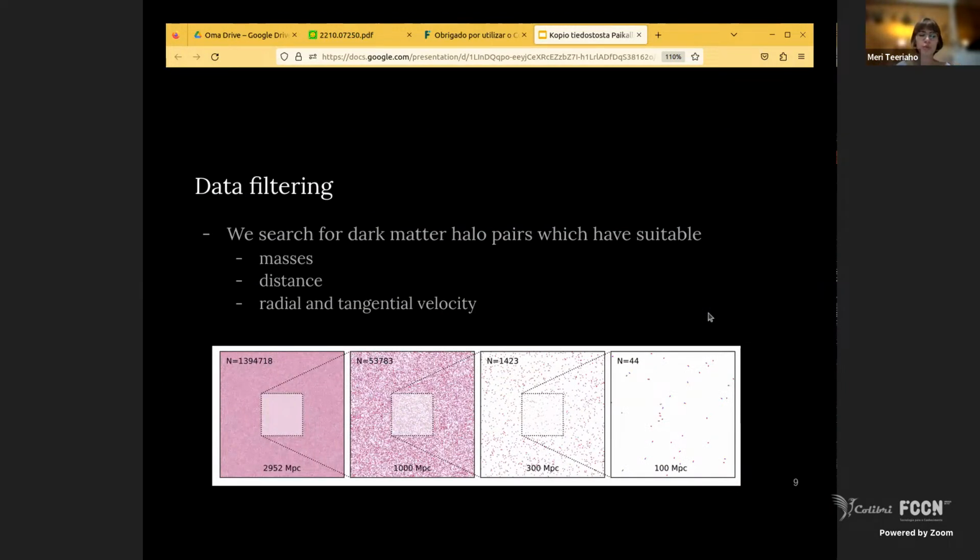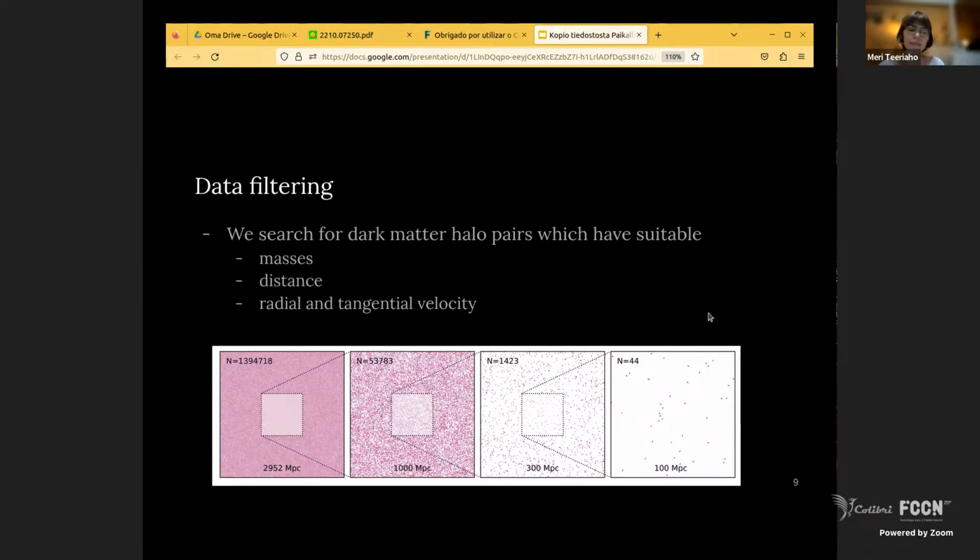We just want to find some local group candidates from the UTSU simulation. So we search for dark matter halo pairs that would represent Milky Way and Andromeda, and in this way, the whole local group. And those pairs should have suitable masses, distance, and radial and tangential velocity.